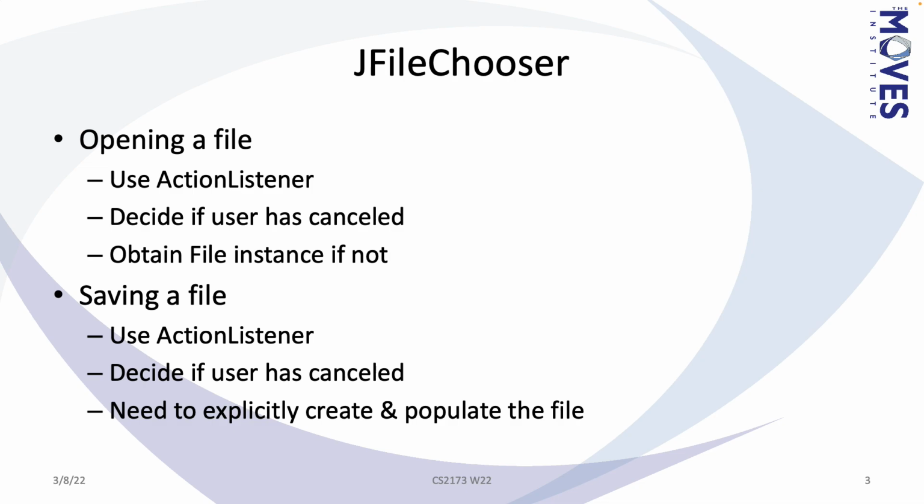In other words, that may or may not exist for precisely this reason. If I'm going to create a file for the first time and I go to save something there, then I need that file object first before it actually exists. Then I need to create it. So that needs to be explicitly done. In other words, we need to do that programmatically. The file chooser is not going to do that for us.